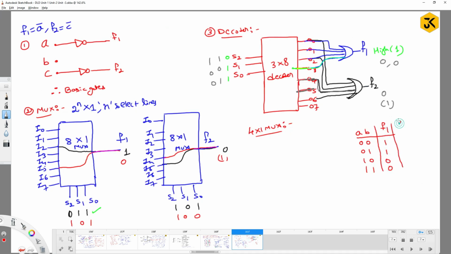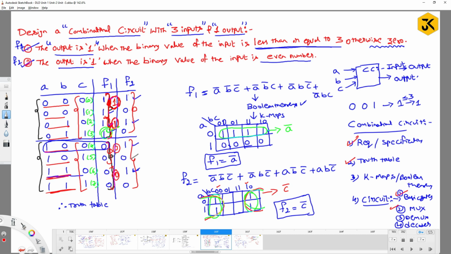Similarly, can I write the function for f2? Yes. So f2 is what? If I am going to give the value 0 0, you are going to get 1 0 as output, which is simply the complement of C. So I can write C complement. Similarly, when you give 0 1 as input, you get 1 0 as output, which is also C complement.